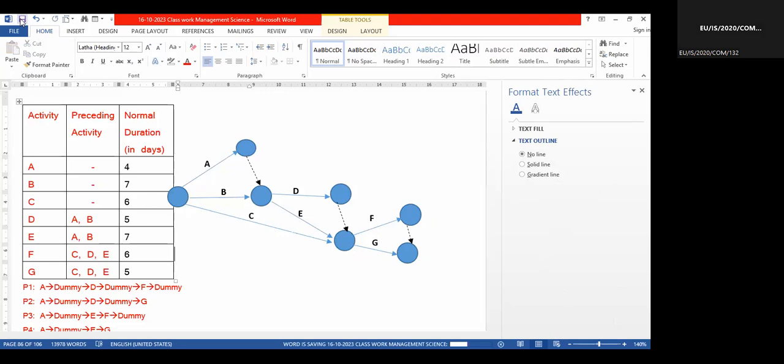Hello students, can you see? So for each and every activity the durations are given. All 7 activities individually, I have given the tentative duration for the normal time. In the normal circumstance, how many days are required to complete it, right? So now you have to tell me how many days are needed to complete this project. Quickly.